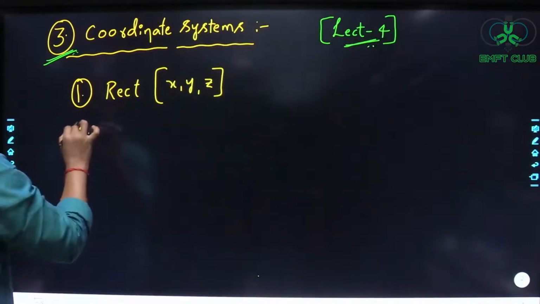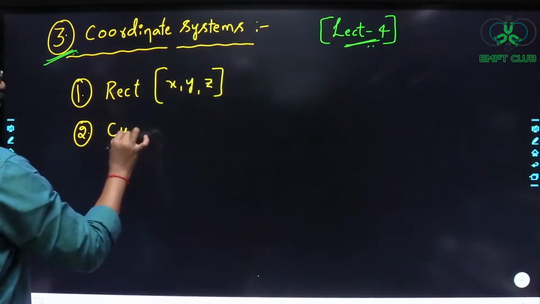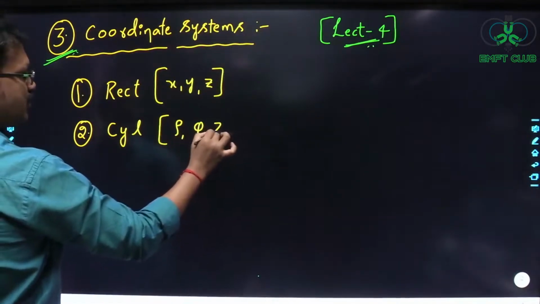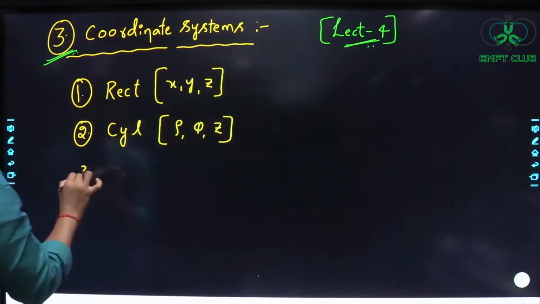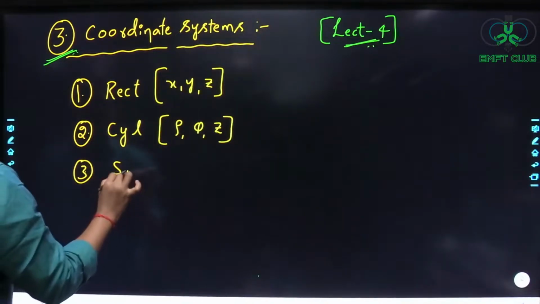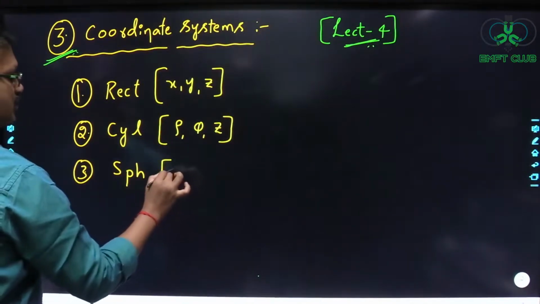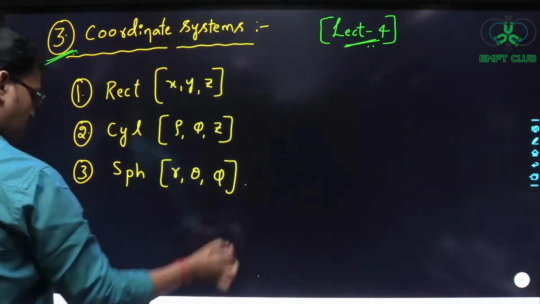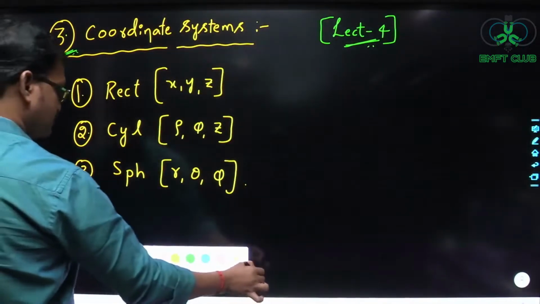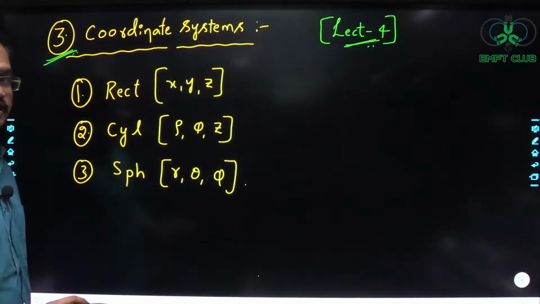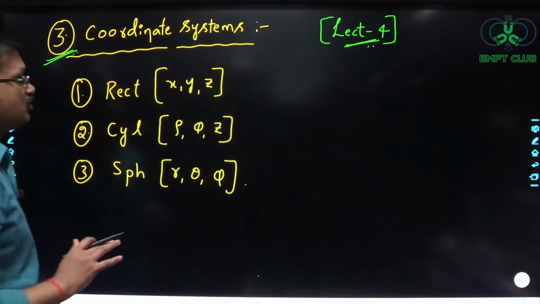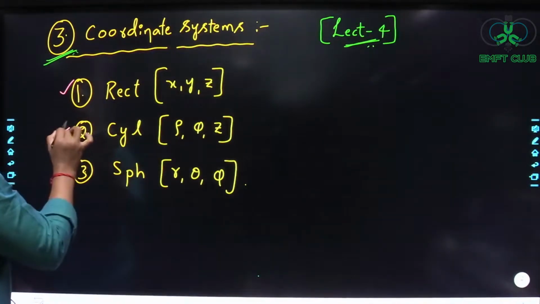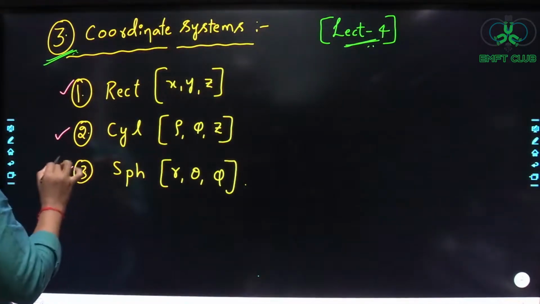The second one is the cylindrical coordinate system, with coordinates rho, phi, z. The third one is the spherical coordinate system, with coordinates r, theta and phi. So these are the 3 types of coordinate systems that we are going to study in our subject.